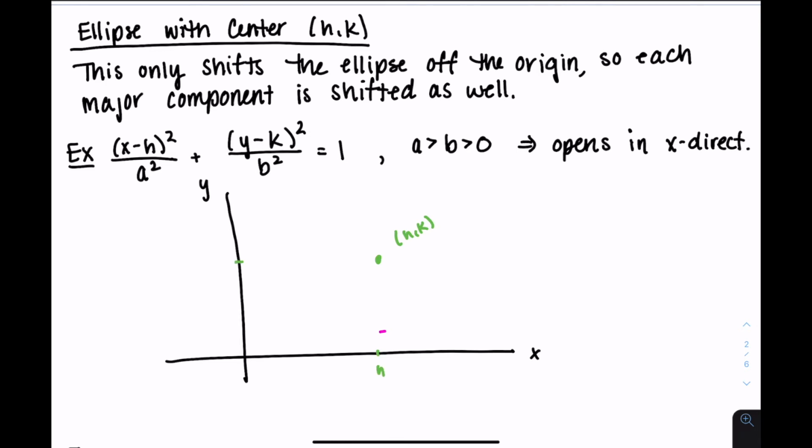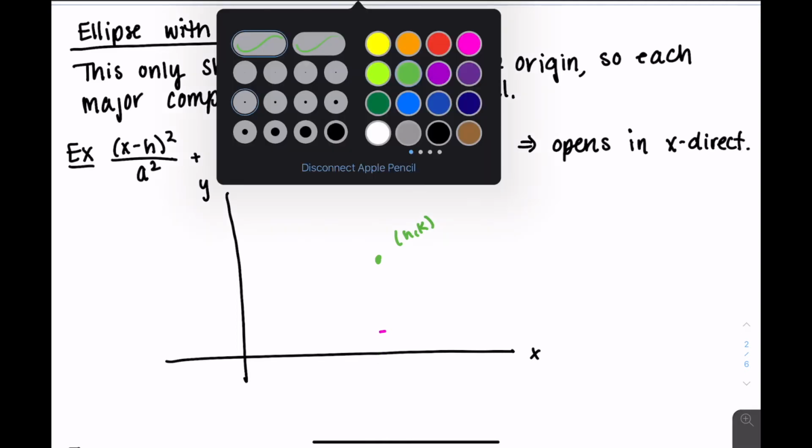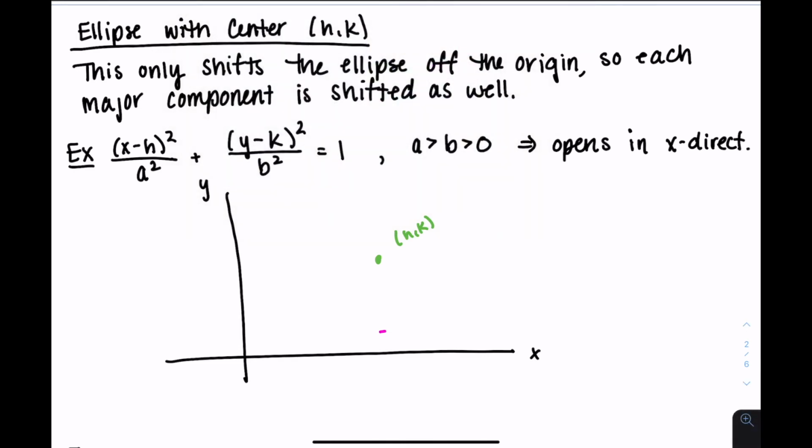Here's h, here's k. To figure out my endpoints or my vertices, I'm going to ghost in a new center coordinate system. So here's if the y value stays the same, and here's if the x value stays the same.